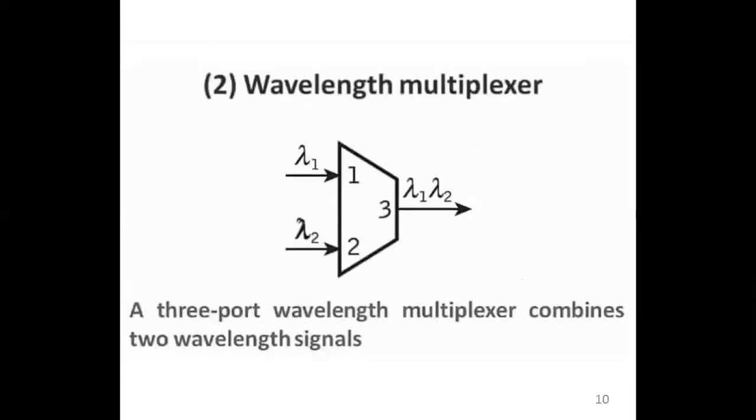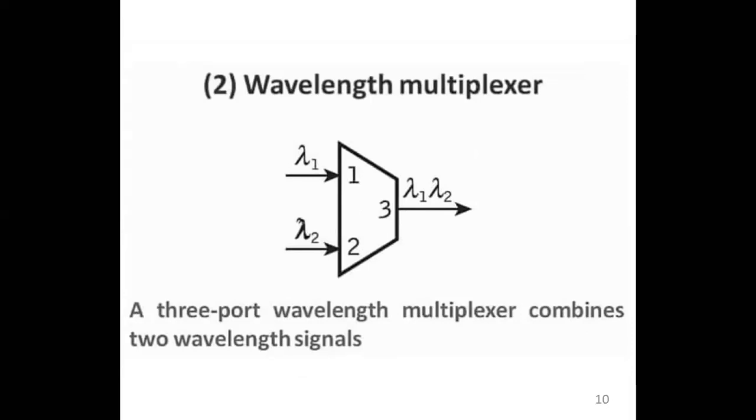The next is a wavelength multiplexer. So it is a three-port device, which is what is shown here, and it does exactly the opposite of a demultiplexer. So you have lambda 1 and lambda 2 from signals from two separate users. The job of the multiplexer will be to combine them into a single signal comprising of lambda 1, lambda 2.